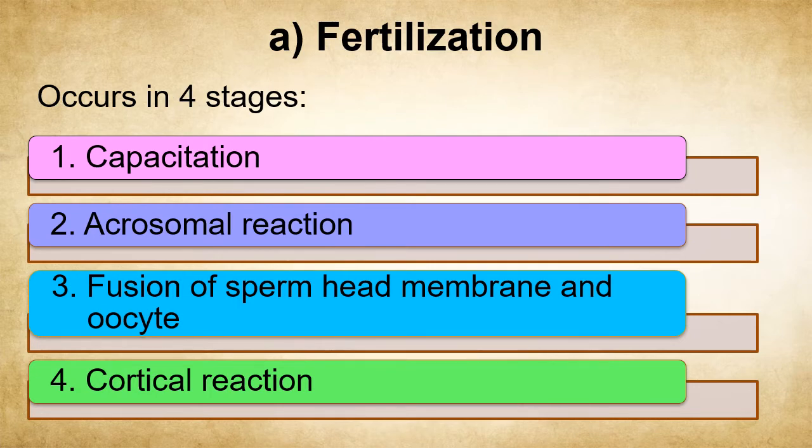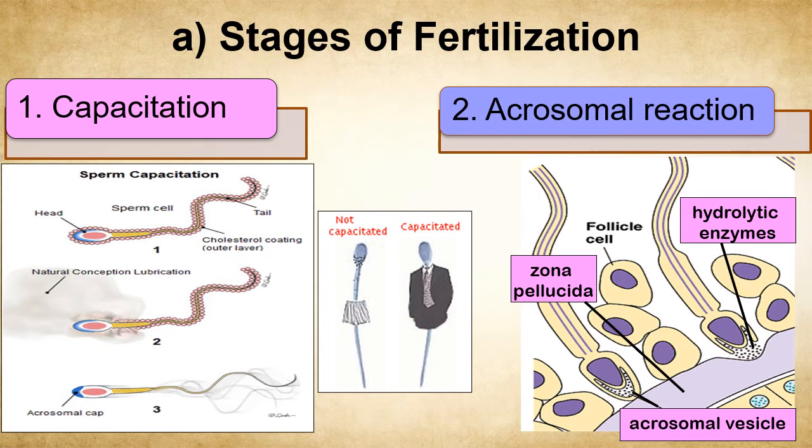These 3 diagrams show the first stage of fertilization, which is capacitation and its analogy, and acrosomal reaction. Capacitation is the functional maturation of sperm through the female secretion in the genital tract.